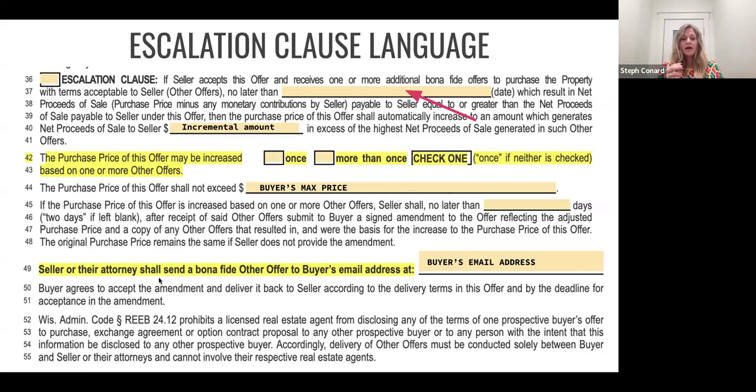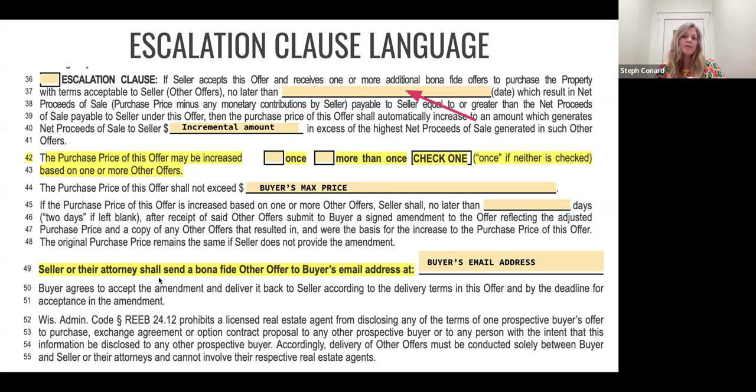One question we get a lot too is, does the seller have to... the seller's role is to deliver the other offer proving that it was bumped. And the seller's listing agent, they do have the option of sending off the amendment as well.